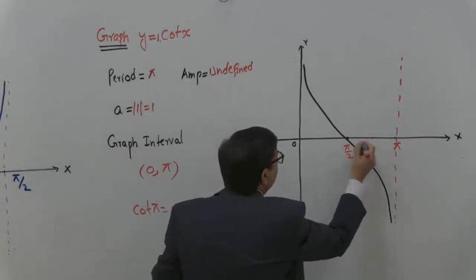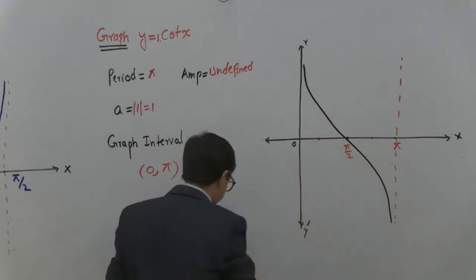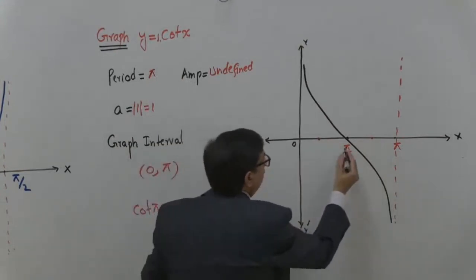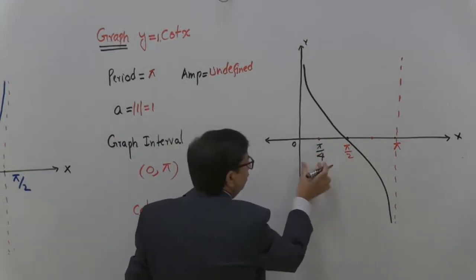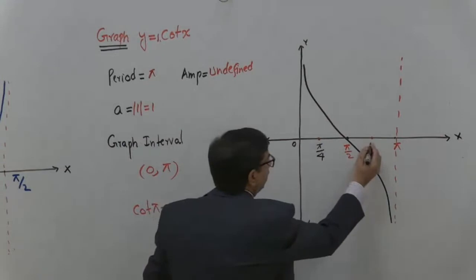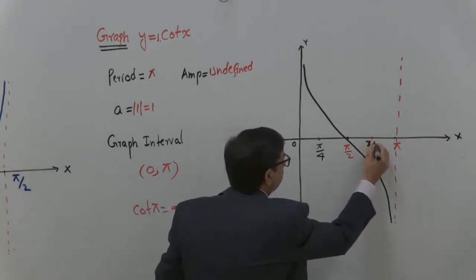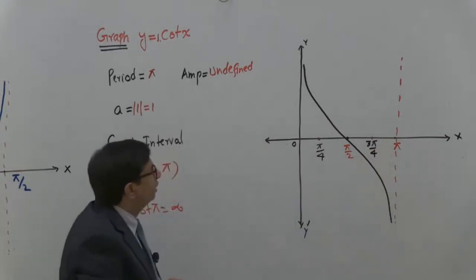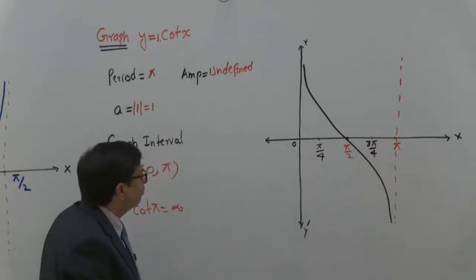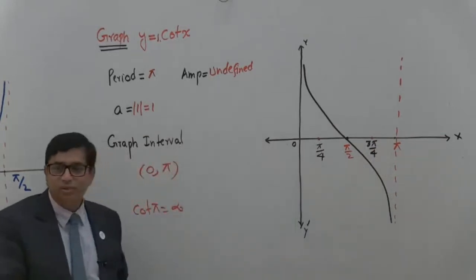Take the midpoint here. What is half of this one? Pi over 4, pi over 4, again pi over 4, so 3 pi over 4. So this is our graph for y equals cotangent x.